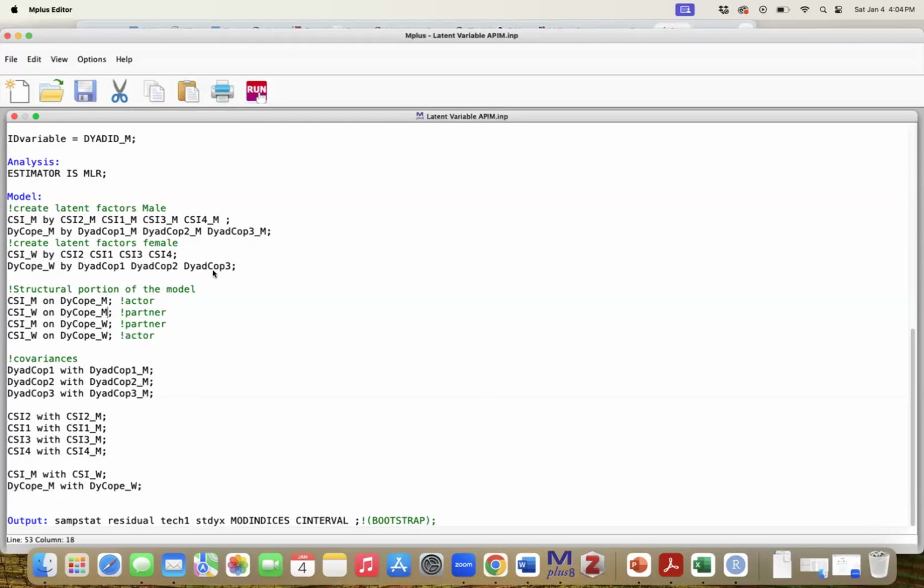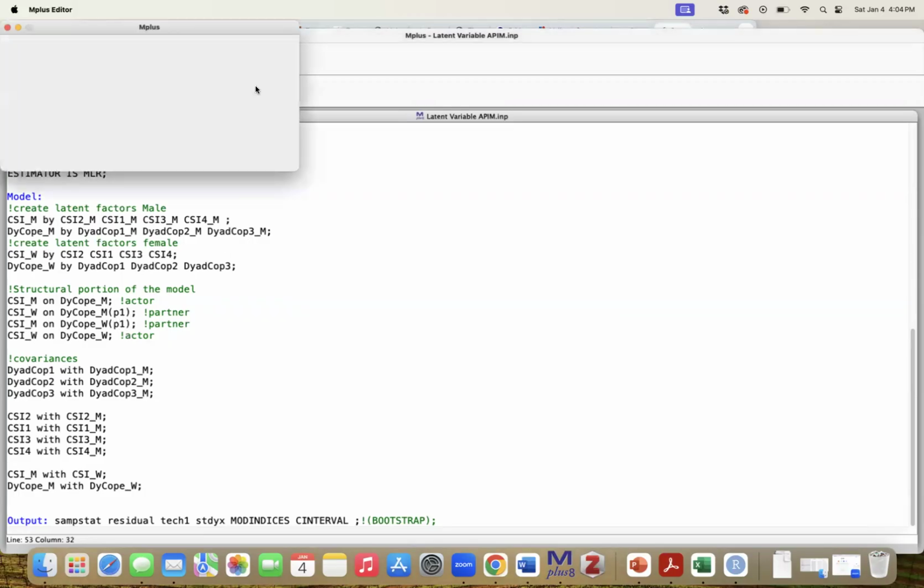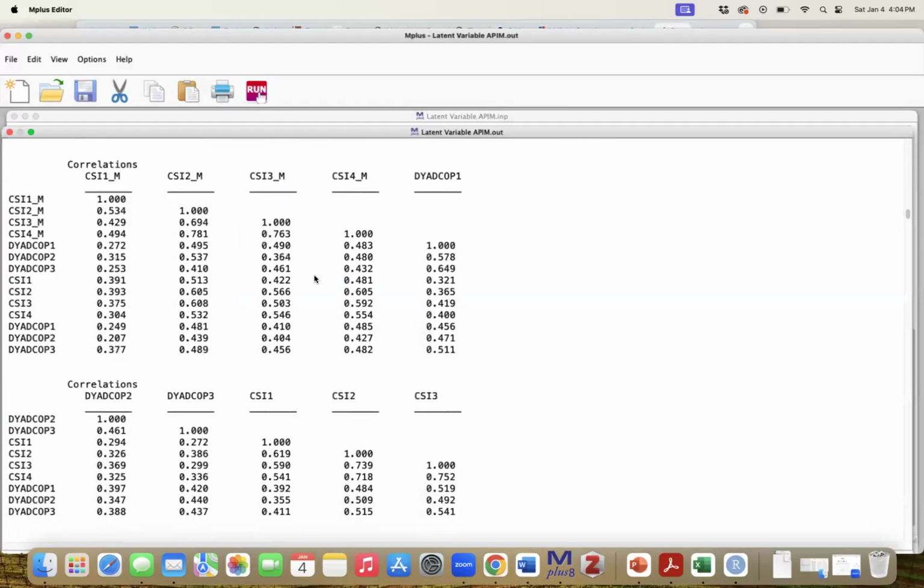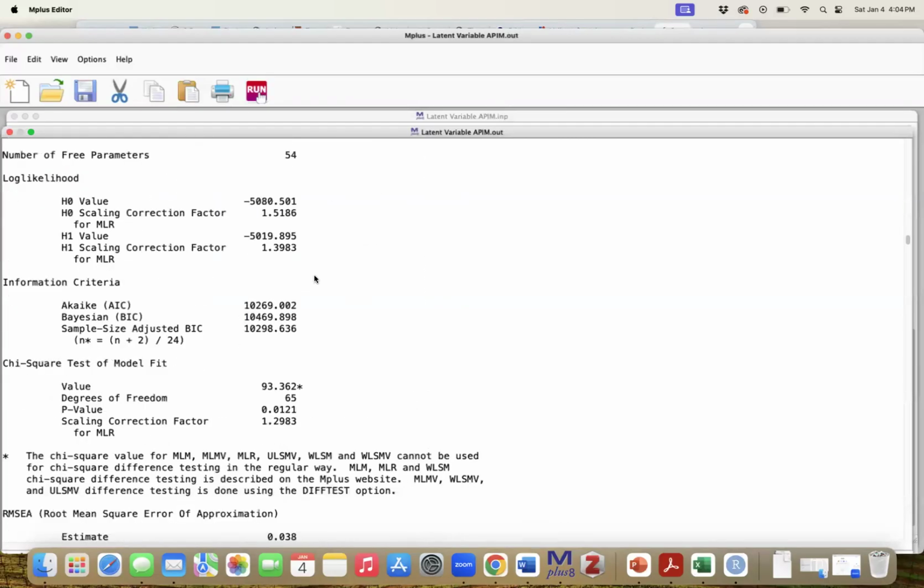And now we're going to constrain those partner effects to be equal. And you can make these labels really whatever you want. Generally I'll do PA1 or P1 for partner. And you saw I did A1 before for actor. So now we're going to constrain those to be equal, and do another chi-square difference test. Again, do not do it in your head like I'm doing it.